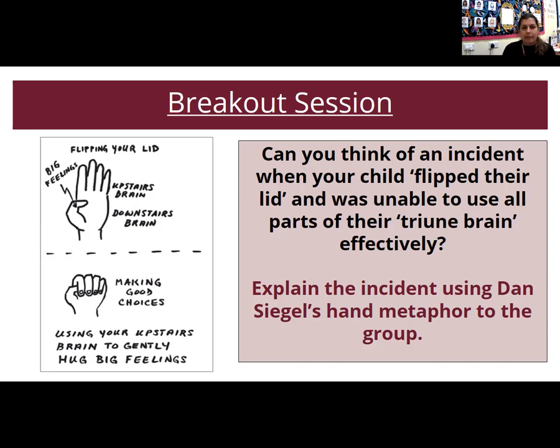And I want you to think about that in terms of the hand metaphor, and also think about it in terms of what did help them, what was in their toolkit, whether it was co-regulation and you noticed that and you said, I think you need this. And what was their response to that as well. And you can just have a little think yourself. You can share it with the group if you'd like to, put it in the chat. But I'll just give you about 30 seconds to have a little think yourself.